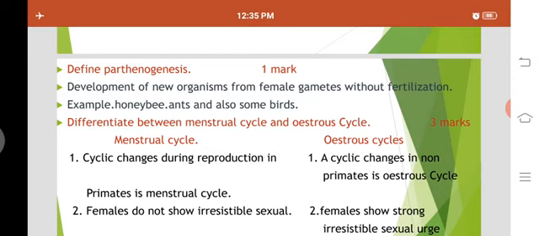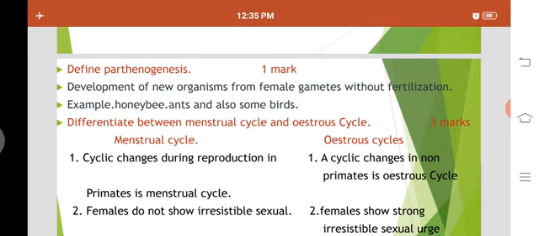Before undergoing sexual reproduction, many structures have to develop, and only then is the organism capable of reproducing sexually. That is called the pre-fertilization event. When the structures are fully developed, fertilization can occur.